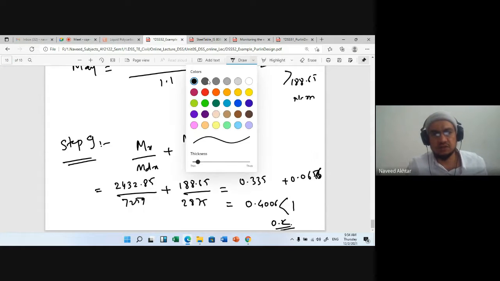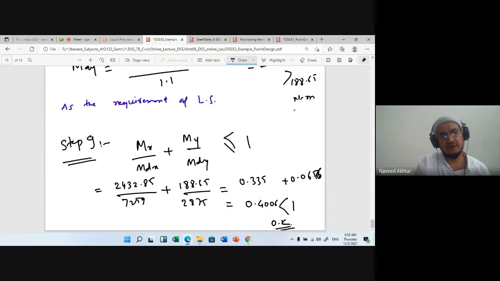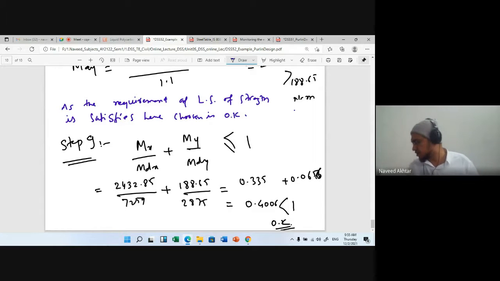So you can write down the note that as the requirement of limit state of strength is satisfied, hence the chosen section, or selected section, is okay.